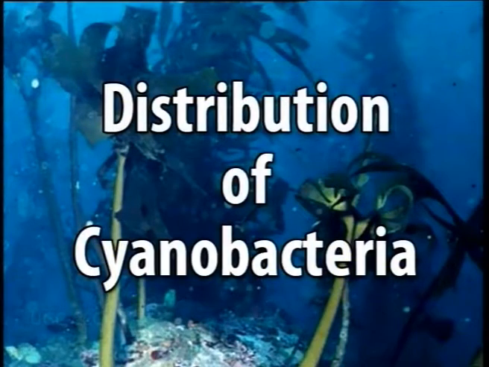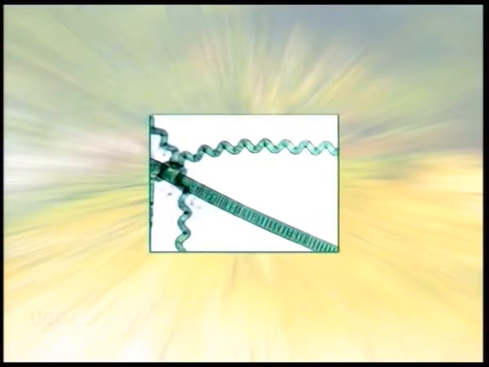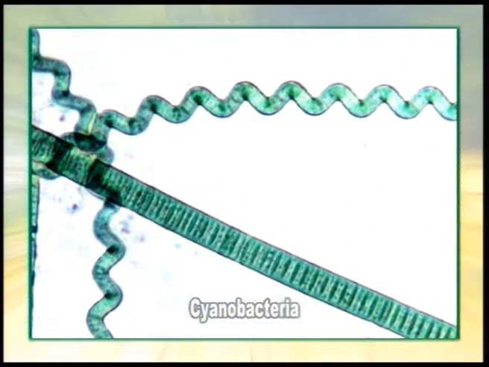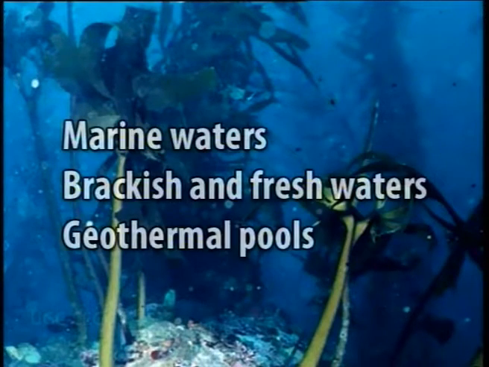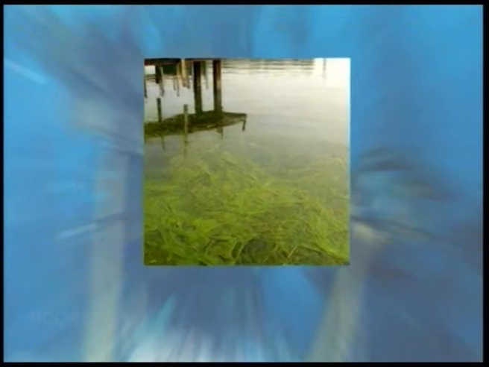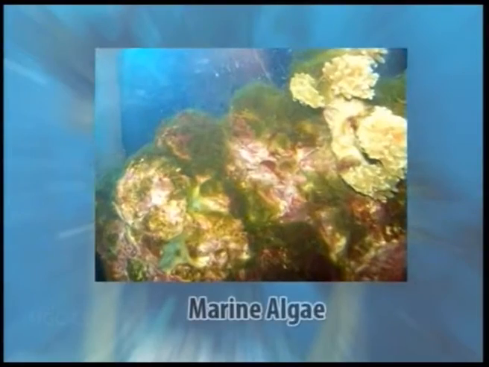As far as the distribution of cyanobacteria is concerned, through their 3.5 billion years of evolution and diversification, cyanobacteria are presently cosmopolitan in distribution and are found in diverse habitats including marine, brackish and fresh waters, and at times, as I told you earlier, under harsh conditions such as geothermal pools.